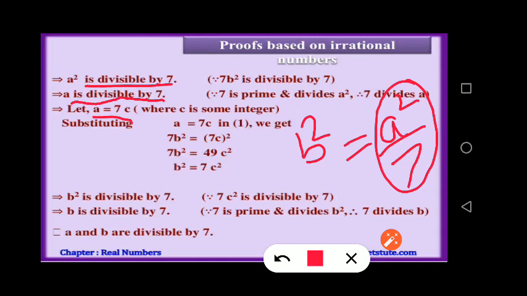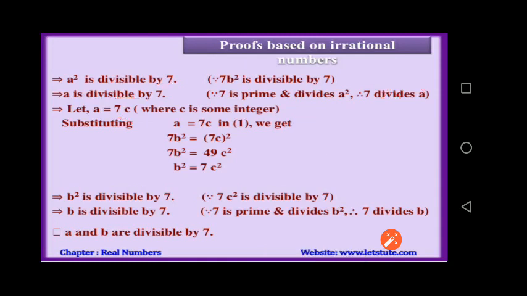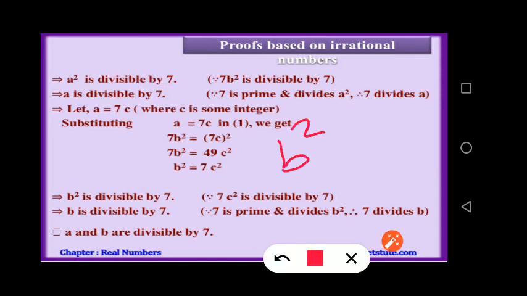We will substitute the value of a in equation 1. What do we have in equation 1? Anyone remember? Yes, equation 1 is 7b square is equal to a square. So 7b square, and what is a? a is 7c, so here (7c) square in place of this.